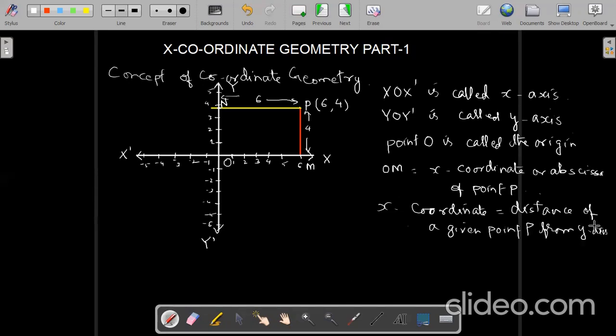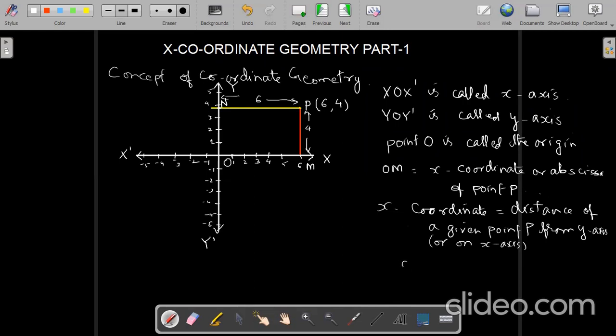So there are two things you can see: from the y-axis, or on the x-axis. Means if you drop a perpendicular, you can see the distance on the x-axis, that is the x-coordinate. Same thing. So OM is the x-coordinate.